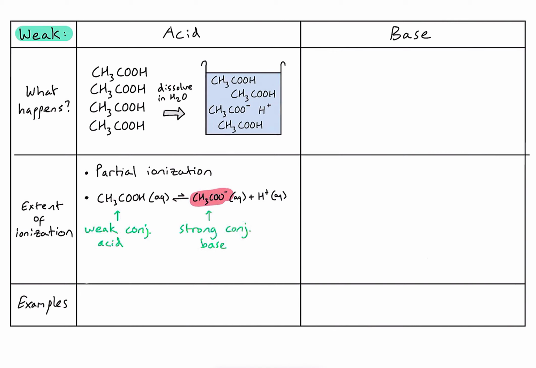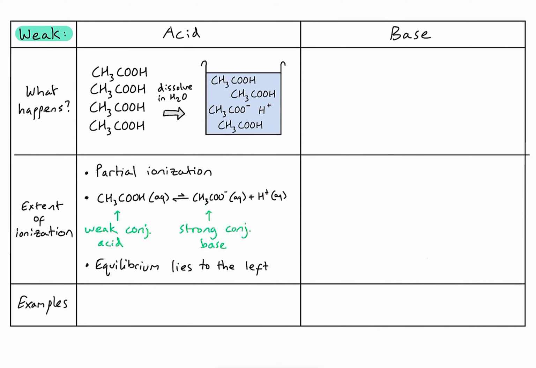And if it's a strong conjugate base, that means it's quite likely to regain that H+ and end up forming my starter molecule again. So in the case of a weak acid or a weak base, the equilibrium here must lie to the left, which is why we've got lots of ethanoic acid molecules floating around and not many ions.